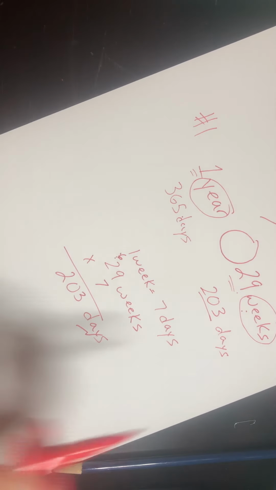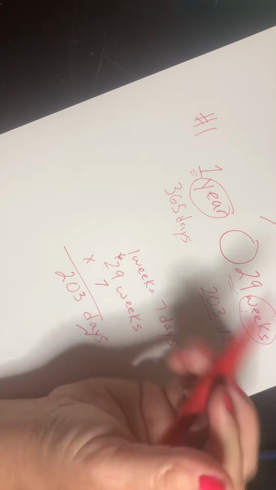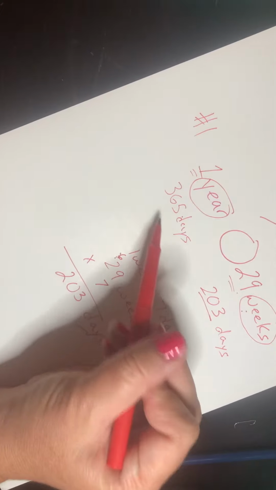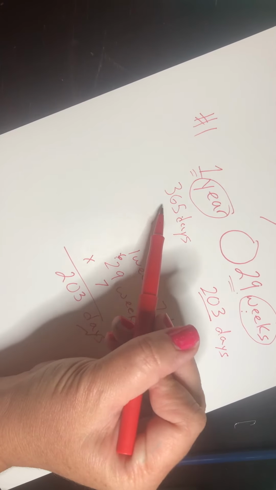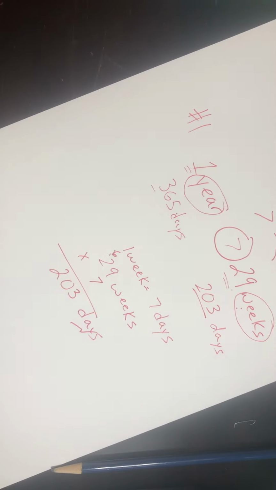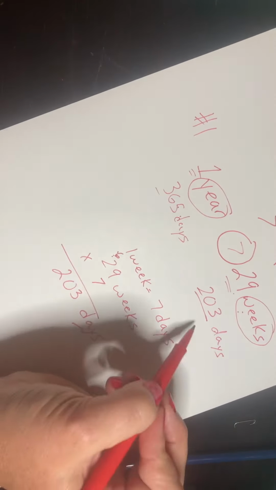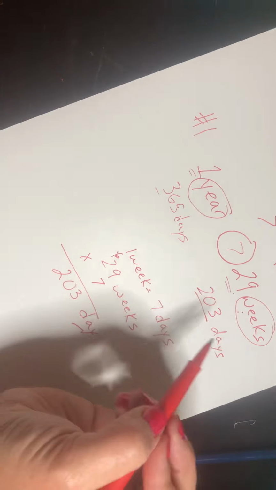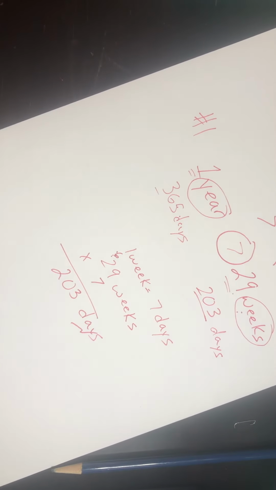So after I convert weeks into days and this year into days, I can now look at these two numbers, and this one starts with a 3, this one starts with a 2, so automatically I know that 3 is greater than 2, so 365 is greater than 203 days.